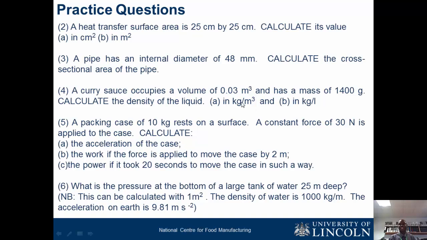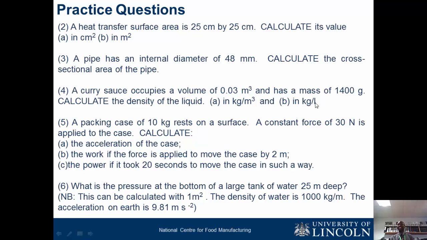But that is not what I'm asking you to do here. I'm asking you to find the density for me in kilogram per meter cube, so you need to convert your mass to kilogram, and fortunately for us, we have our volume as 0.03 in meter cube, and B in kilogram per liter.